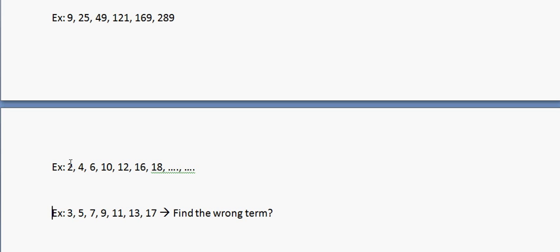Now what we can see is, is it a sum of two series? So just look at alternate numbers. 2, 6 plus 4, 6 plus 6 12, plus 6, 12 plus 6 18. It's not making sense anyhow here as well. Look at this, 4 plus 6 10, 10 plus 6 16.